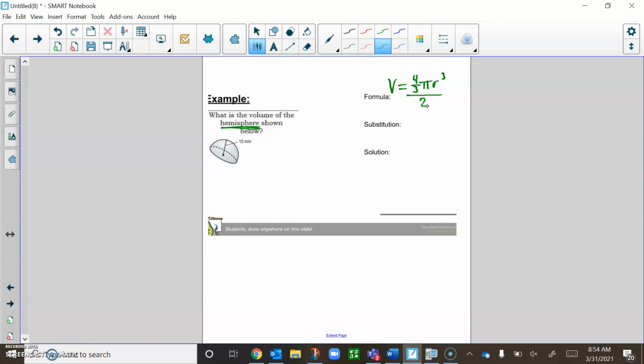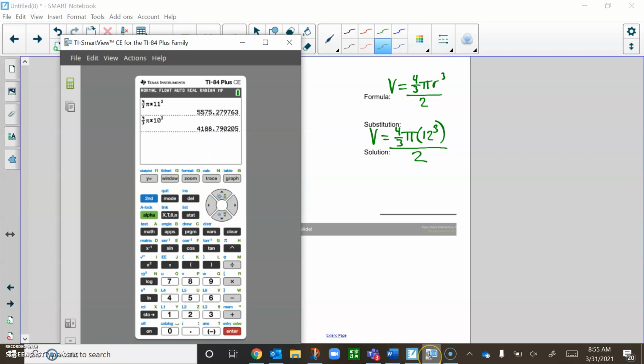Here we are given radius. Our radius is 12 millimeters. So I'm going to substitute my values in. You can do 4/3 times pi times 12 cubed, and then we're going to divide by 2 at the end.